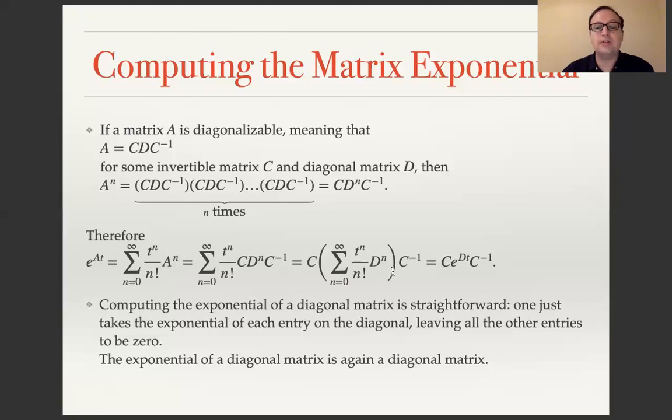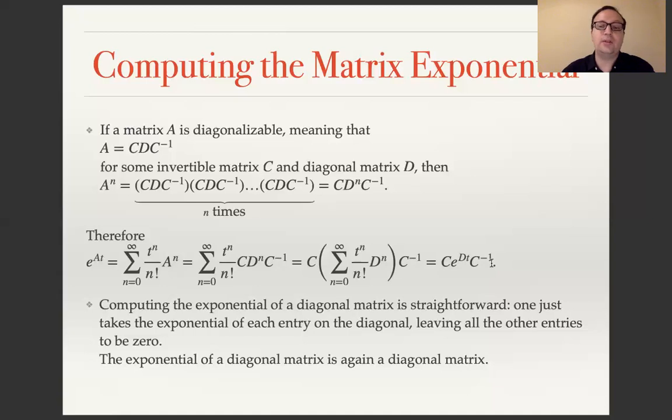And then what is left inside the sum is the sum of t to the n over n factorial times D to the n. And this is the matrix exponential of D t. So e to the A t is C times e to the D t times C inverse. And again, we cannot commute C and e to the D t, so this is the final answer.